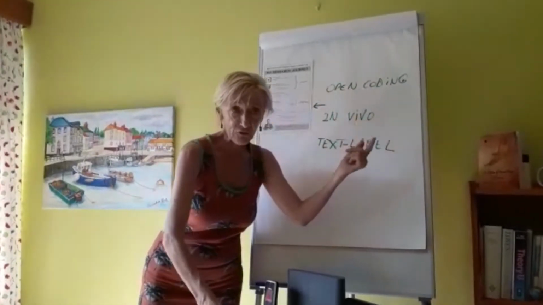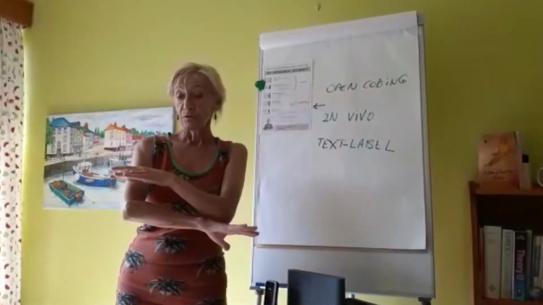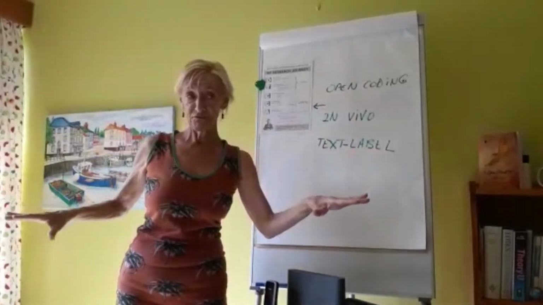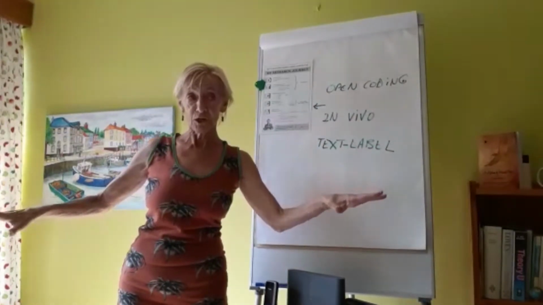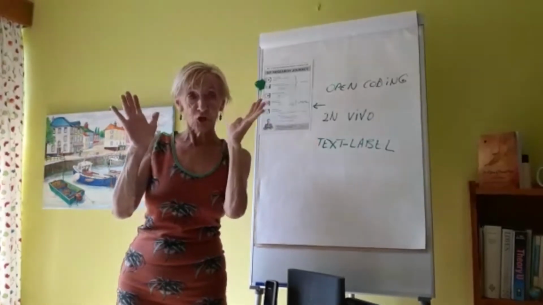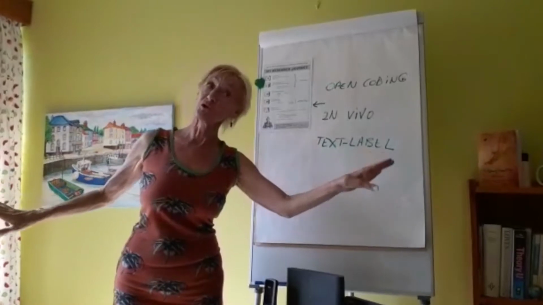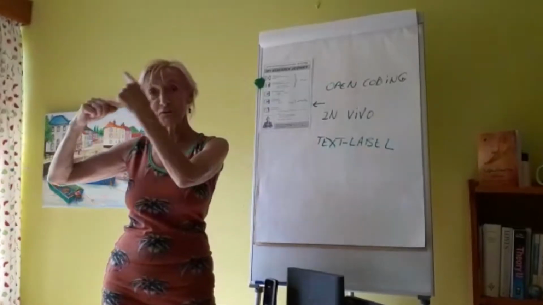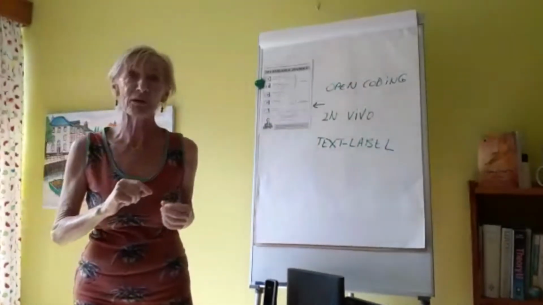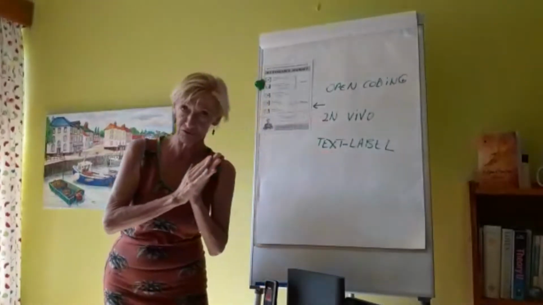Open coding means you look at the overwhelming array of information that you have with a very open mind, not to exclude certain things because you don't like them, or they don't fit in your pattern of reasoning of what you would like to get out of your results.